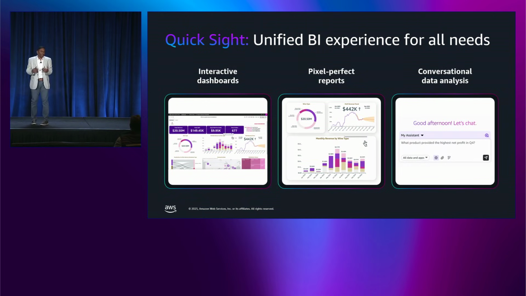QuickSight is a unified BI set of capabilities within QuickSuite, where you can build interactive dashboards or pixel-perfect reports, or even have conversational analytics.